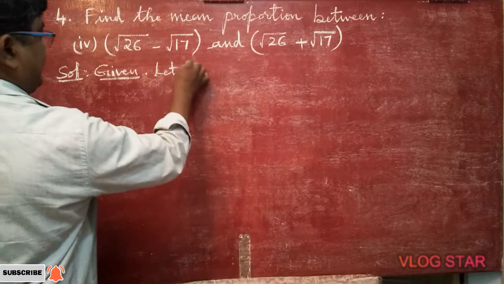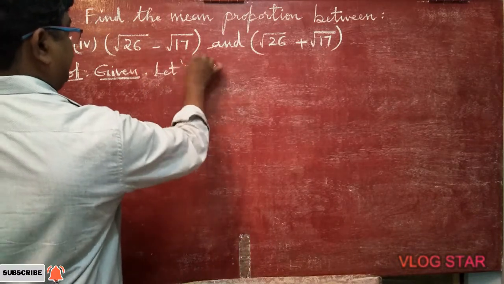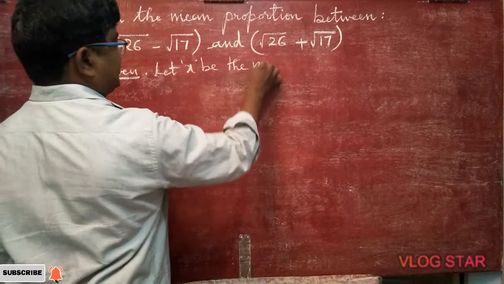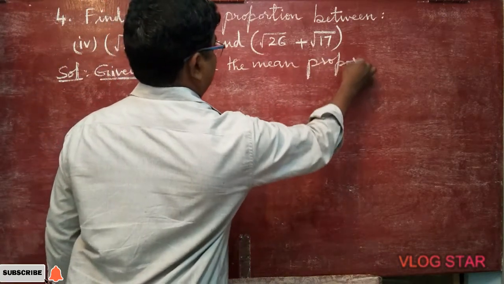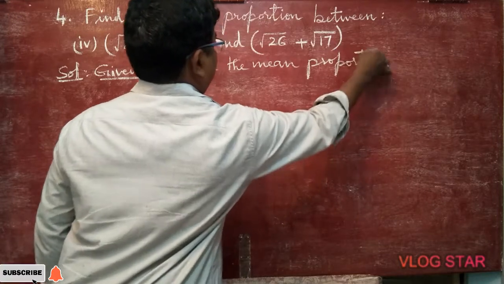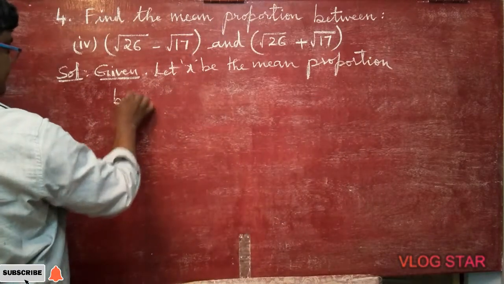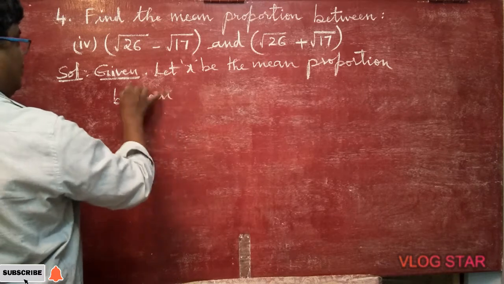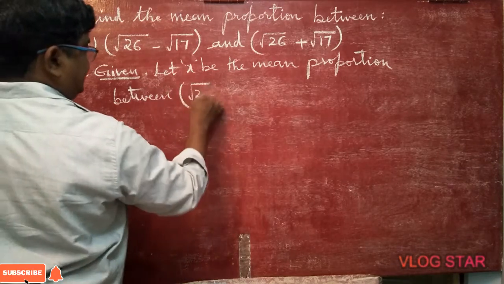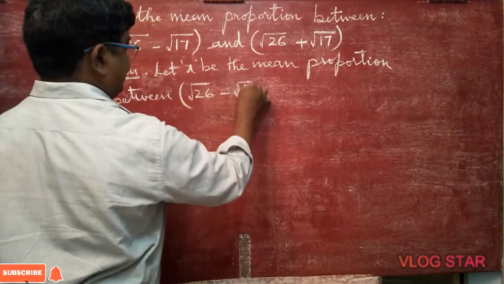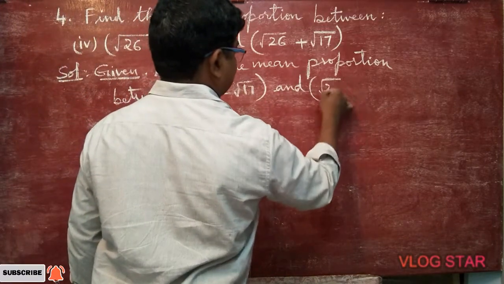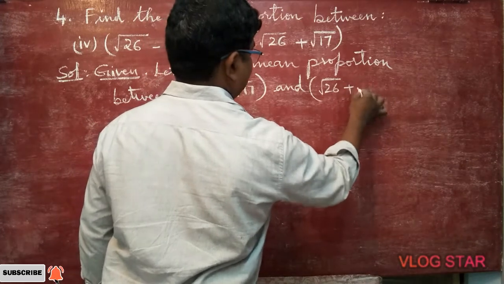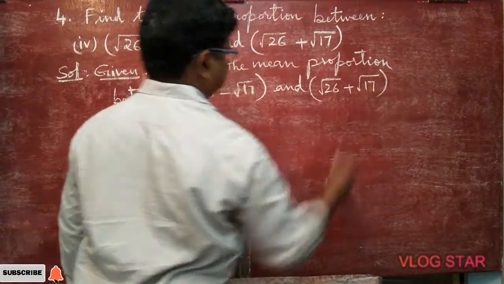Let x be the mean proportion between root 26 minus root 17 and root 26, root means square root, plus root 17.